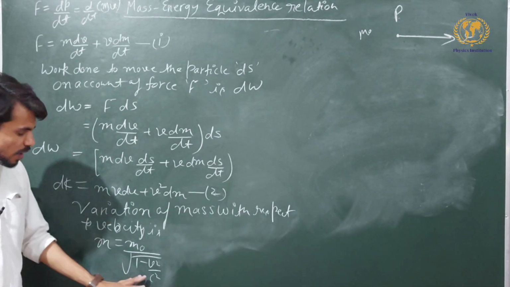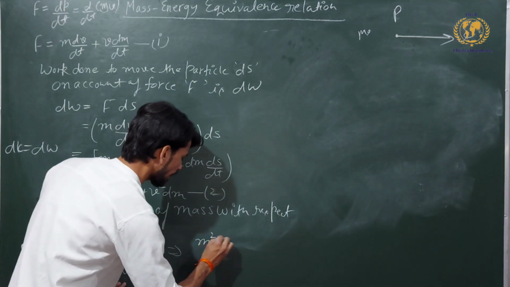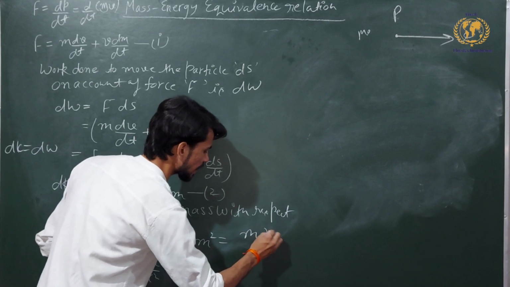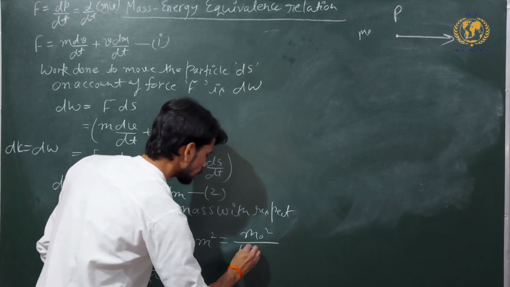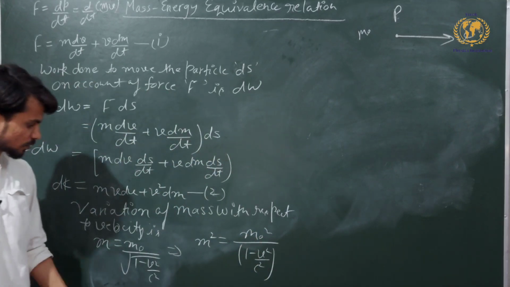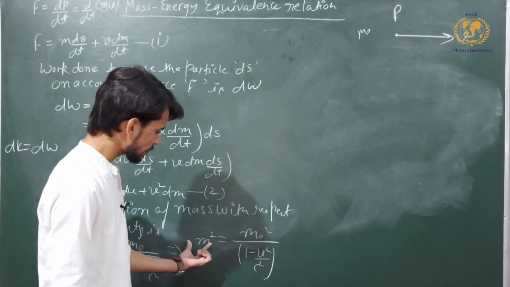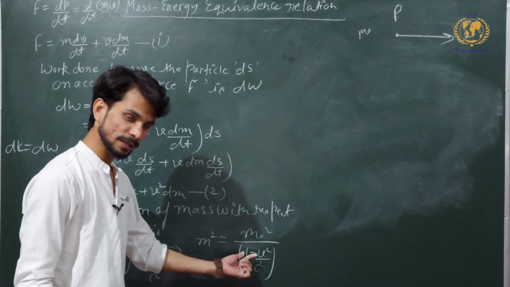So let me take a square of this equation. I will get m square equals m naught square divided by 1 minus v square upon c square. Its square root will be cancelled out by its square. Let me multiply this complete factor by m square, solving this c square here.